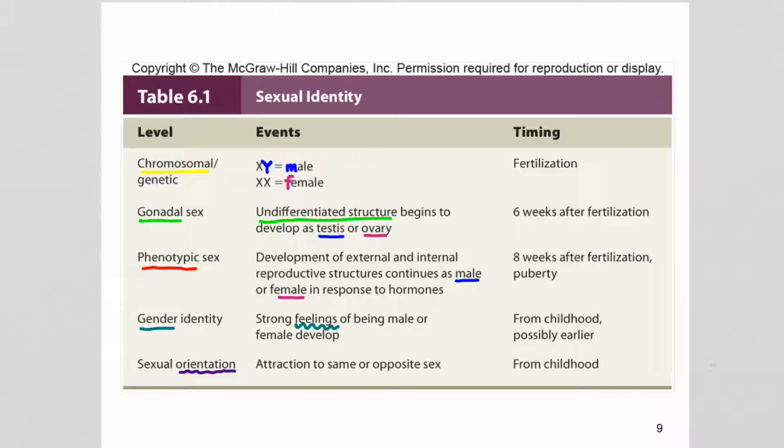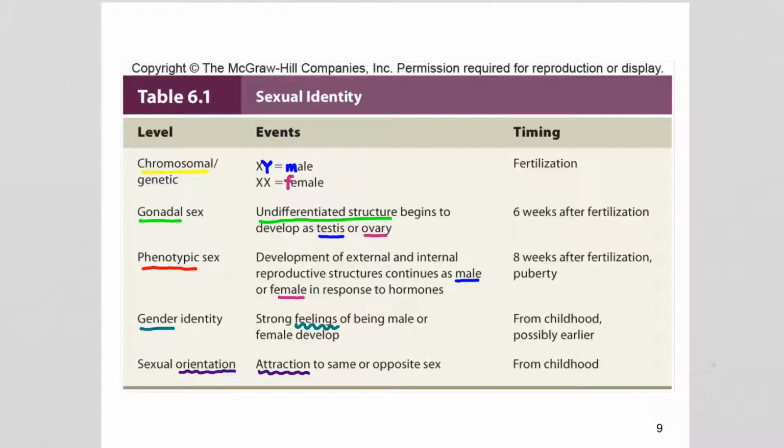So finally, we get to sexual orientation. So you can have a certain gender identity, but be attracted to a different sex from your identity, or the same sex, for instance. So this layer of orientation relates solely to the attraction of either the same or opposite sex. And again, as gender identity, this typically starts from childhood.